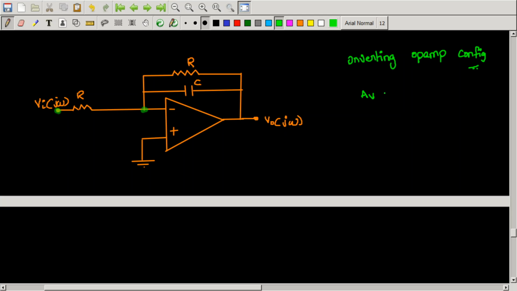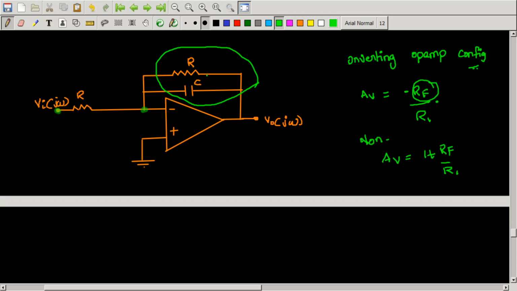The gain will be simply equal to minus RF by R1. If it is non-inverting, the gain formula will be 1 plus RF by R1, where RF is the feedback equivalent resistance. So I should find the equivalent resistance for these two, and that value will be your RF, and this R1 is simply this source resistance.